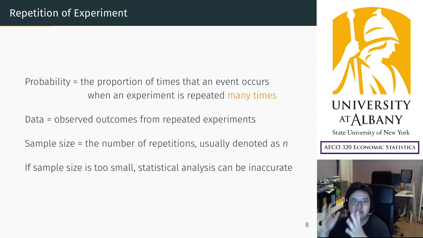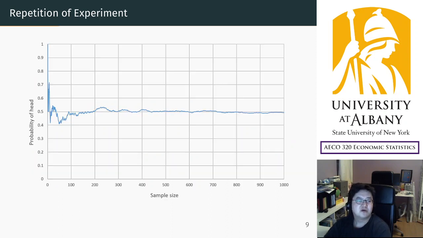So the term sample size is one of the most important terms in statistics throughout the field. And this is an example. As you increase the number of repetitions, your probability will approach the true probability.